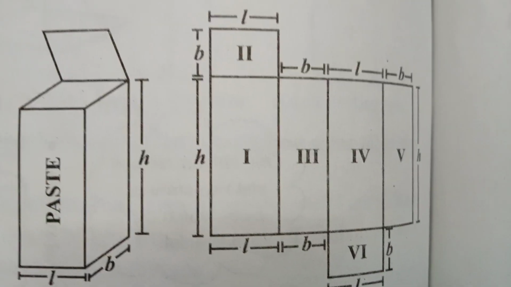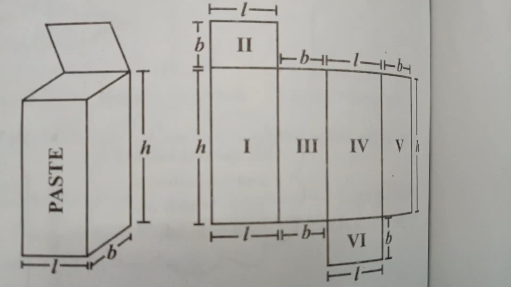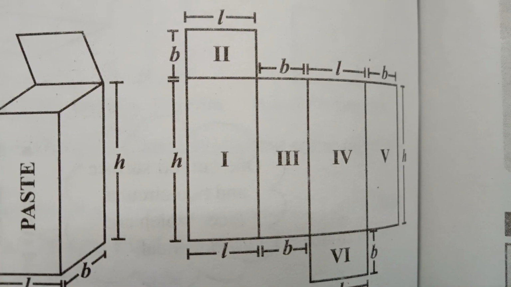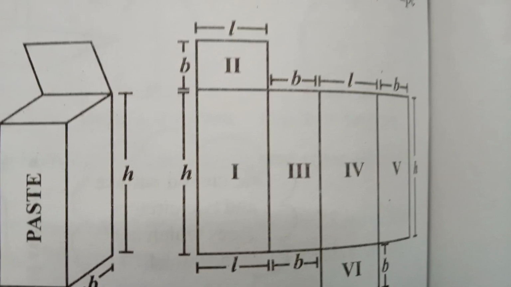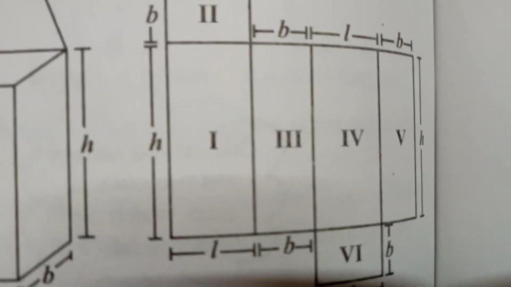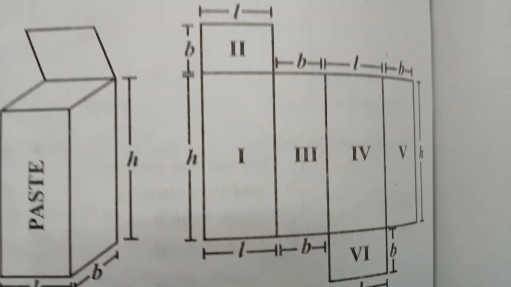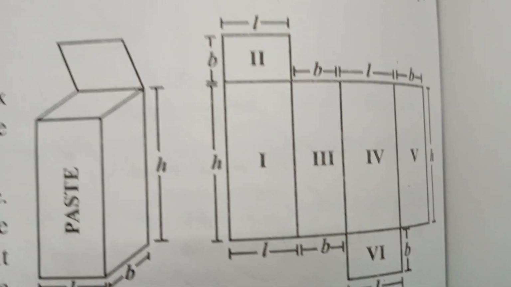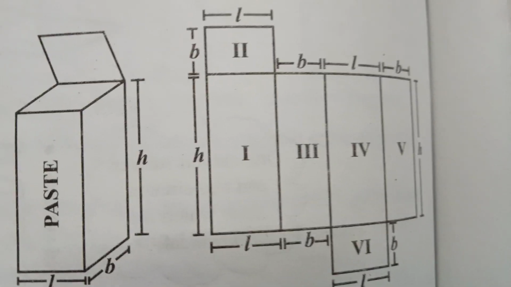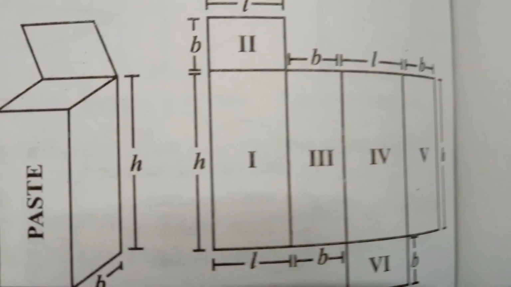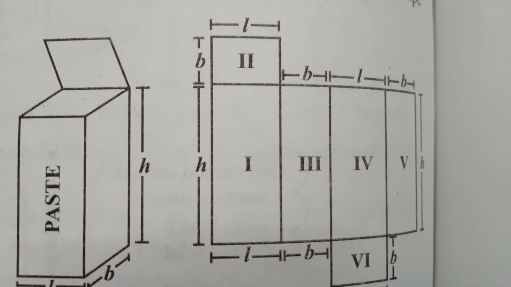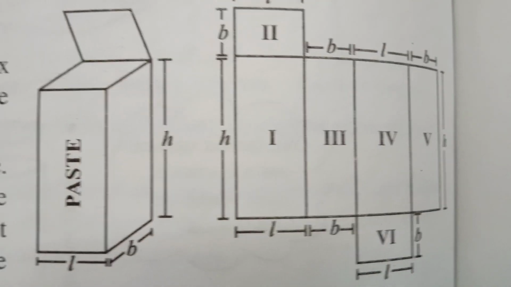So area of 1, area of 2, area of 3, area of 4, area of 5 plus area of 6, all together give you the area of six faces, which we call the total surface area of the cuboid.